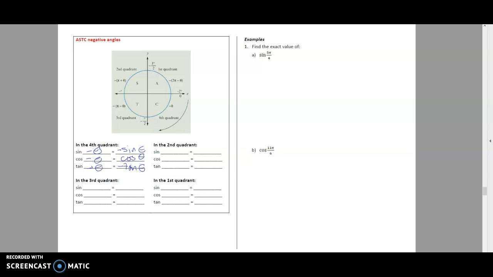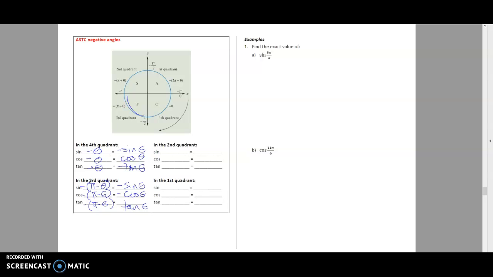In the third quadrant, it's minus pi minus theta. So it's basically minus 180 minus theta, so it lands you in the third quadrant. And in that quadrant, sine is negative, cos is negative, tan is positive.